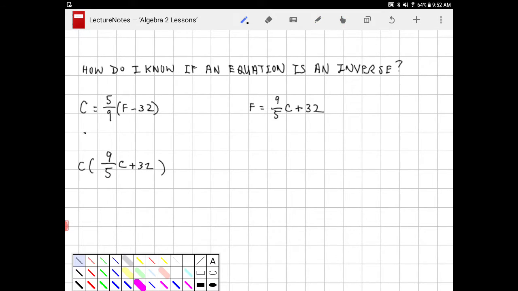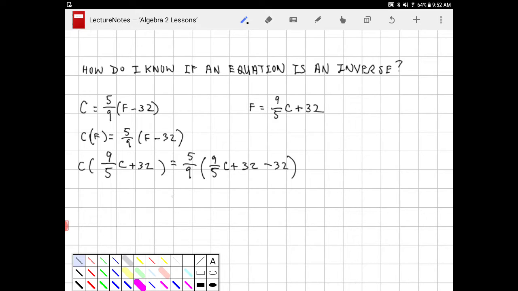So again, what I'm doing is figuring out what C of f is. C of f is equal to 5/9 (f minus 32), and I know f is equal to 9/5 C plus 32. So wherever I see f, I am going to replace that with 9/5 C plus 32.